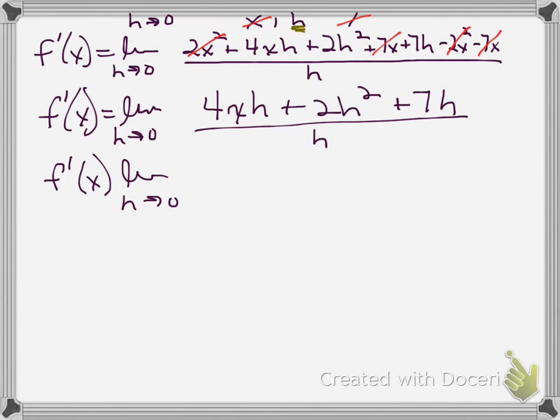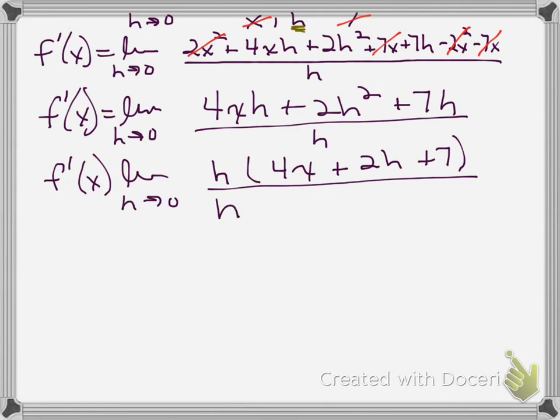Okay, so continuing to try to eliminate, I'm going to factor out an h from the top. So I get 4x plus 2h plus 7, and then I still have the h in the denominator. At this point, notice what happens to those h's. These h's can cancel, because it's just a 1, and I no longer need it.